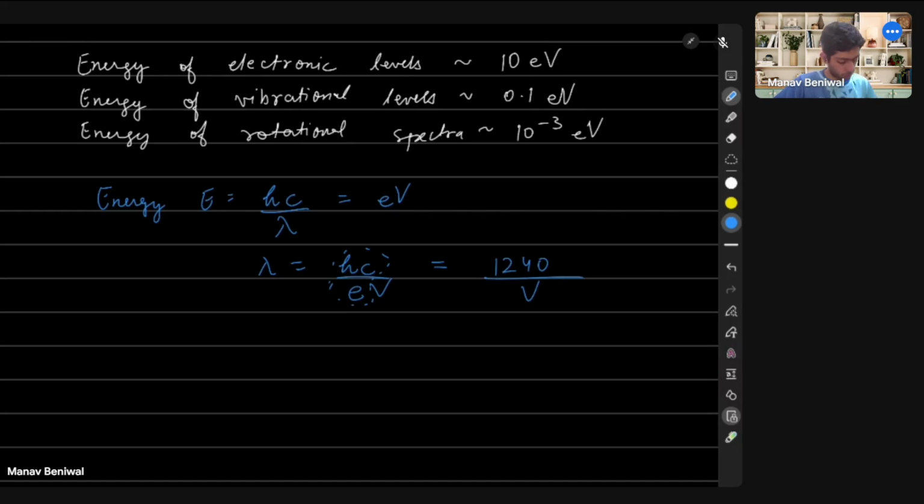For example, our 10 eV energy will correspond to 1240 by lambda, where lambda is in nanometers. So this implies that lambda is roughly 124 nanometers.